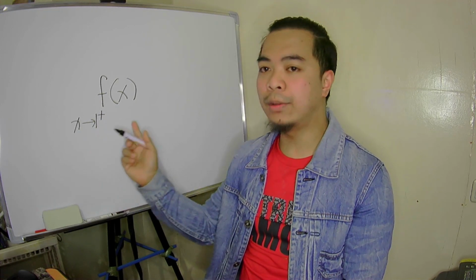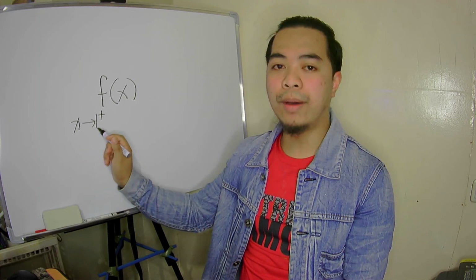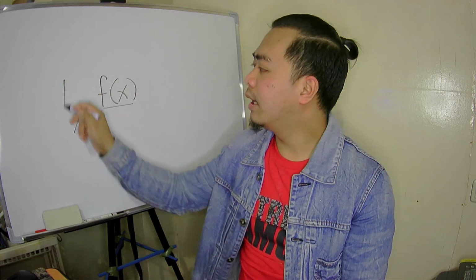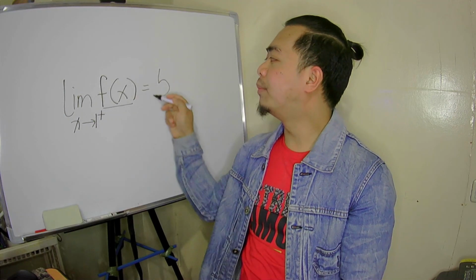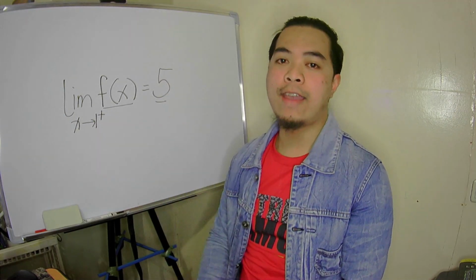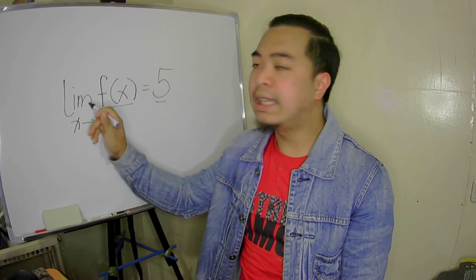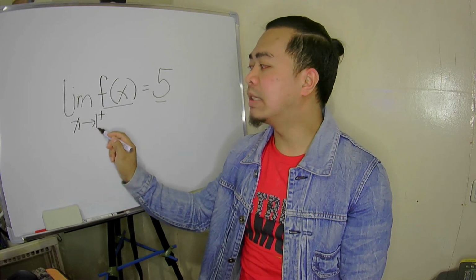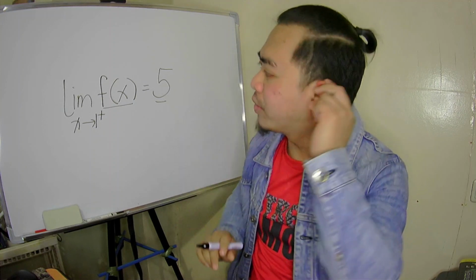So x is not equal to 1, but x are numbers that are very close to 1 from the right. What happens to the function? It is approaching a particular number. It's the number 5. Yung 5 na yon, ang tawag natin doon ay limit. Limit of f of x as x approaches 1 from the right side. Kasi yun yung unang observation natin.